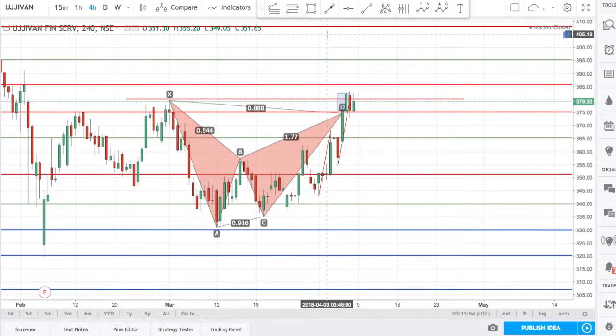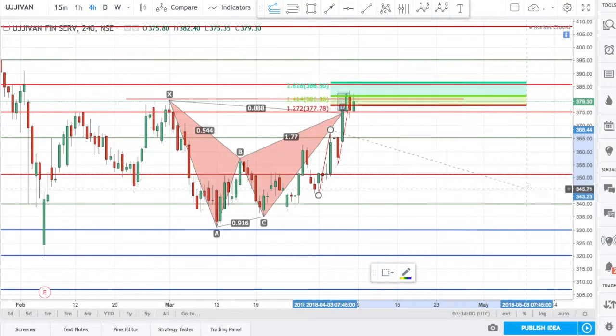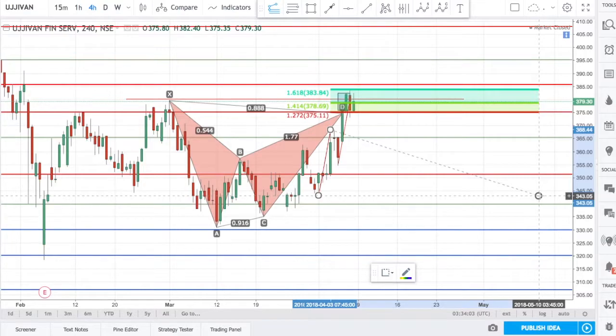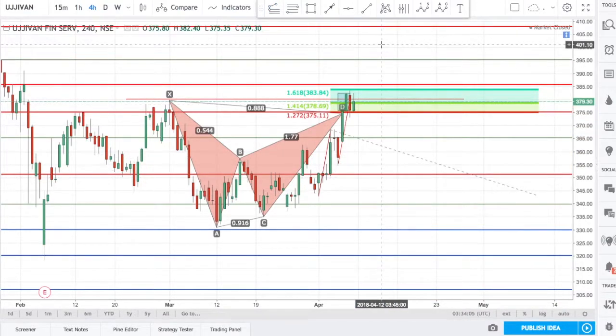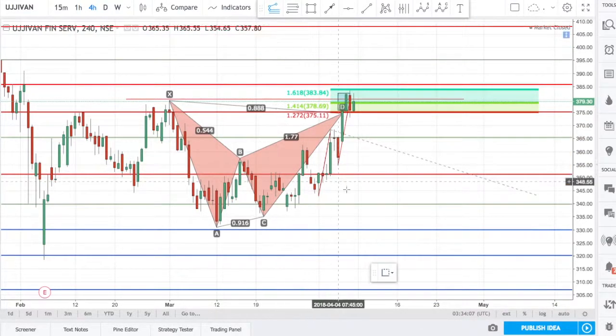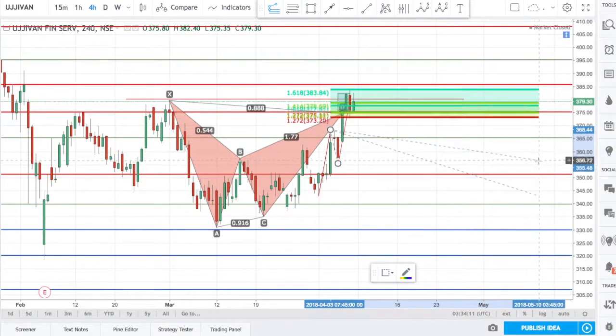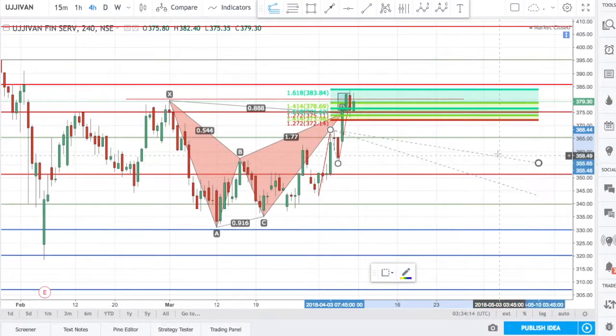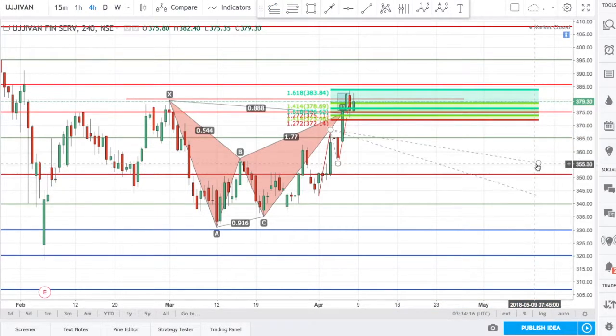Next, Fibonacci confluence. Let's see if we have got any confluences. There isn't any decent enough Fibonacci confluence.